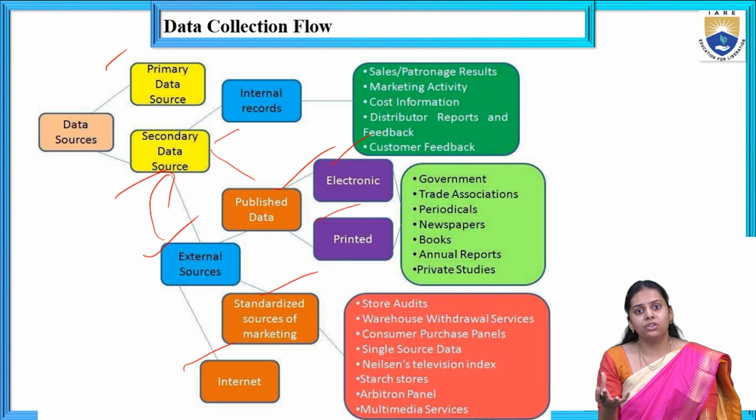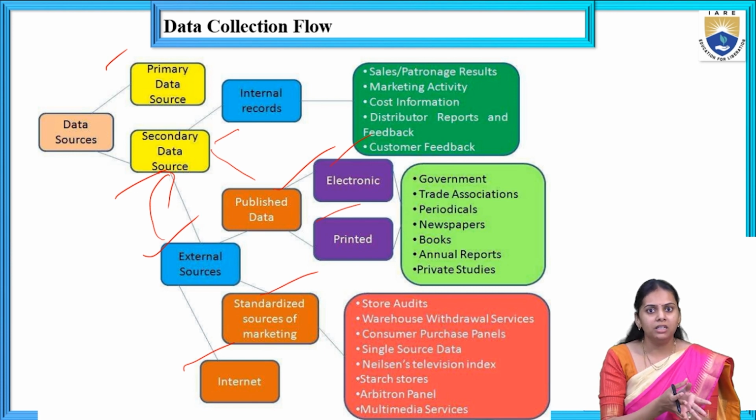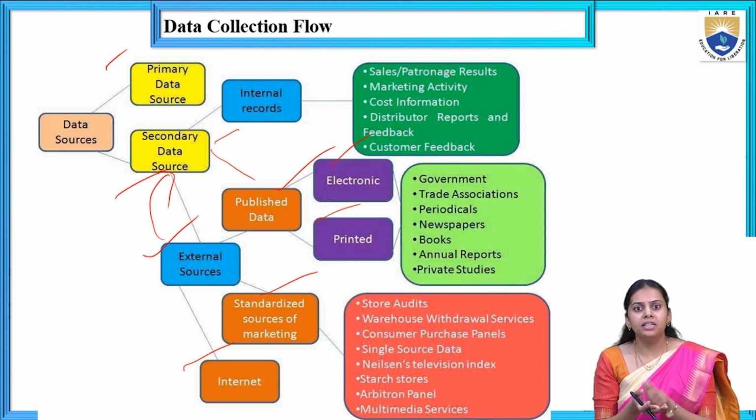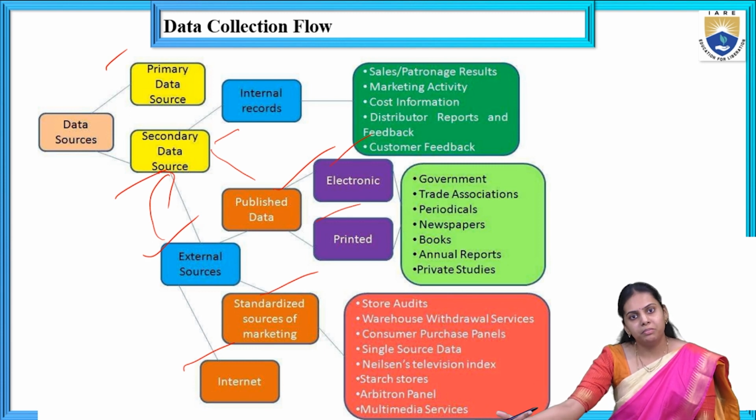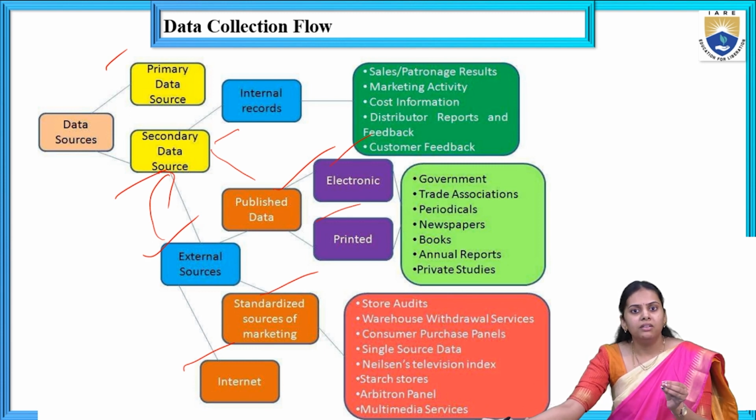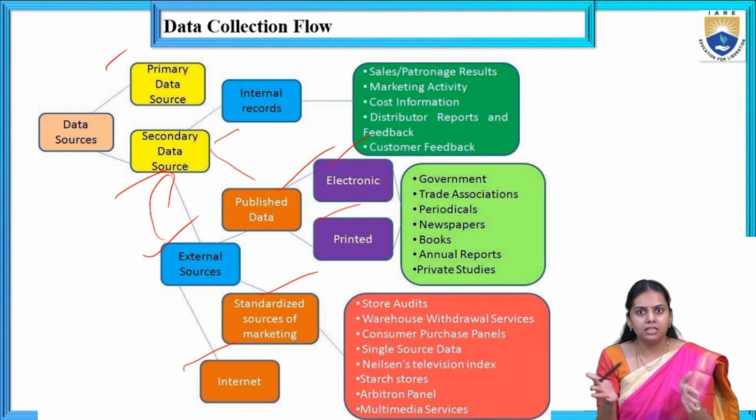The other part is electronic. Nowadays, more than printed, e-books and electronic data are being published hugely, for readers, researchers, academicians, marketing strategists, businessmen, even from a kid to a scientist. This electronic data has a huge impact on their regular activities.